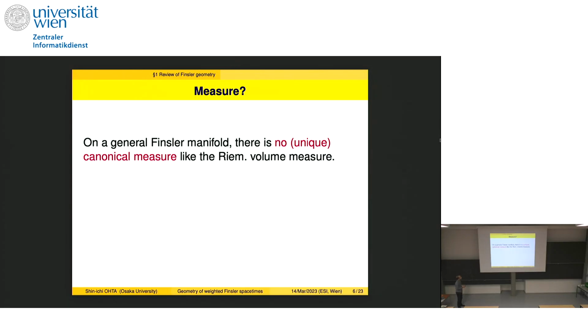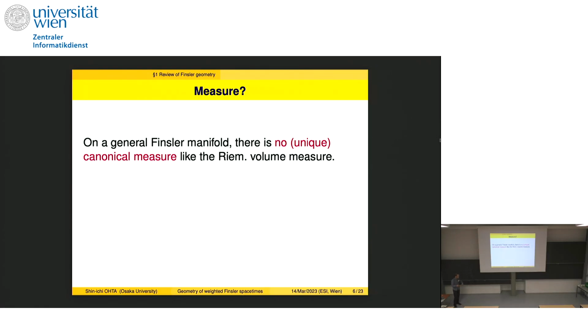Okay, then how about the measure? This is another difference between Riemannian and Finsler. In the Riemannian case, we have a canonical volume measure, and for an arbitrary measure, we decompose it by using the volume measure. But in the Finsler case, we don't have a canonical measure in a sense.